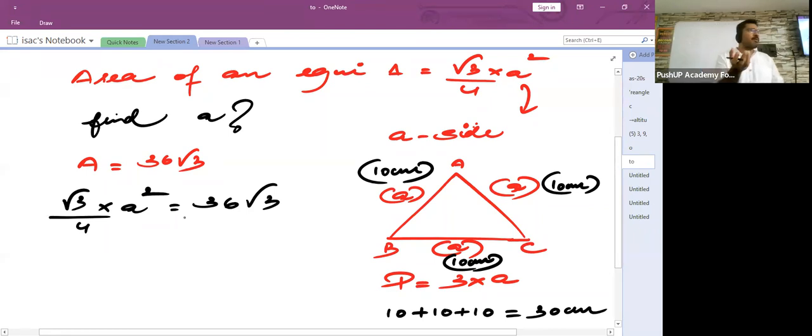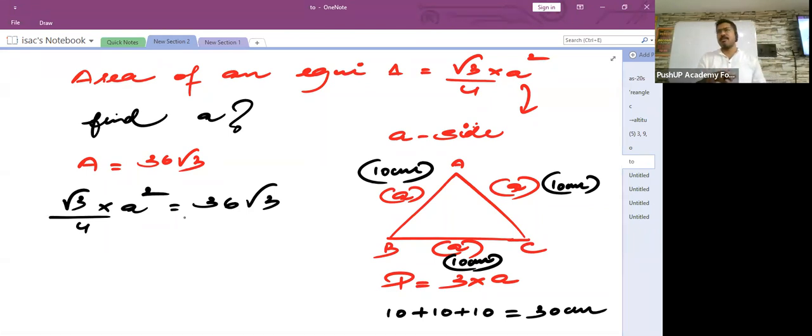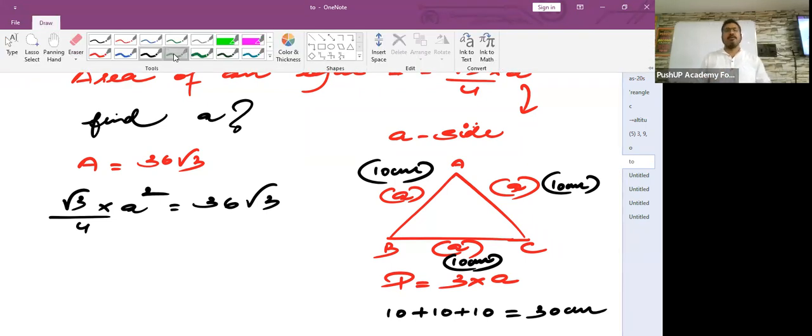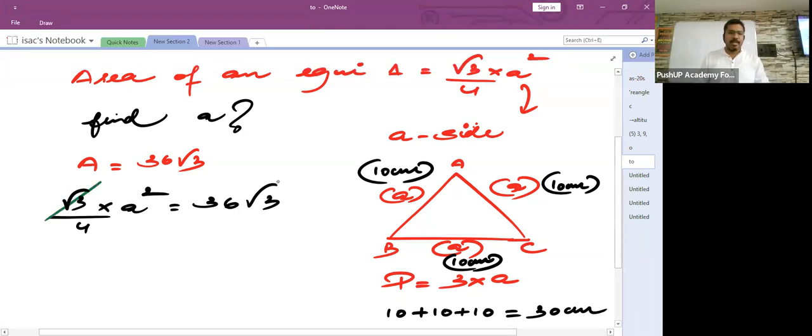Now, if you solve this equation, you will be able to find the value of A. Right? Now, how can we solve this equation? Children, can't we directly eliminate root 3 from both the sides? Yeah, we can eliminate. Hello, children, am I right? So what is left? A square divided by 4 is left on the left hand side.